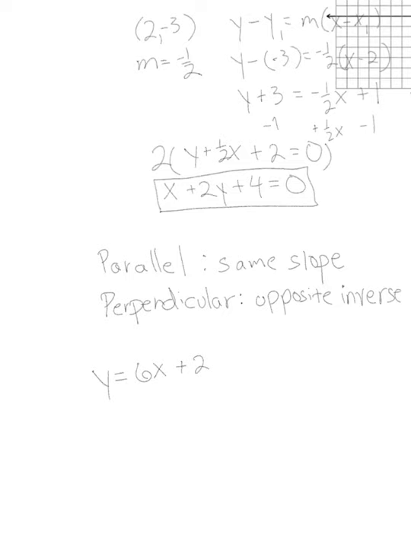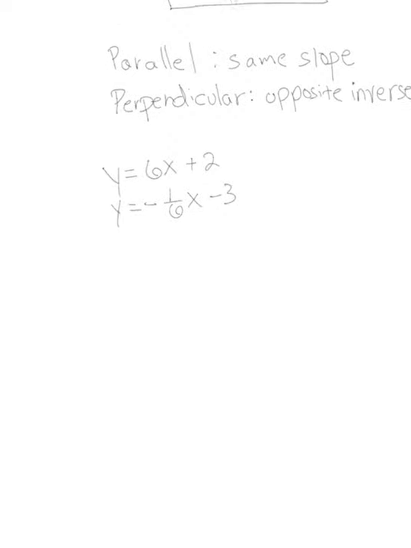A perpendicular line could be y equals the opposite, so negative inverse, 1 over 6 x, and it doesn't matter if there's a plus or anything, we'll just say minus 3. Doesn't matter. The important part is the slope.